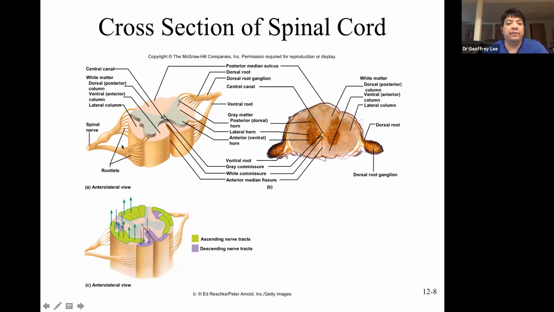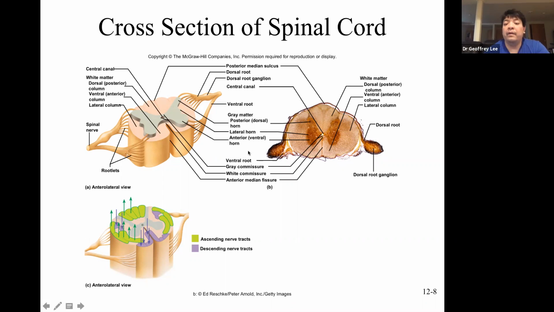As they exit out, they form the ventral root. And since there's no cell body, the axons are flat, right? The cell bodies are not found out here. They're found in the spinal cord, right? They're found as a collection we call a nucleus. Again, why is it called a nucleus? Because a nucleus is cell bodies inside the spinal cord.